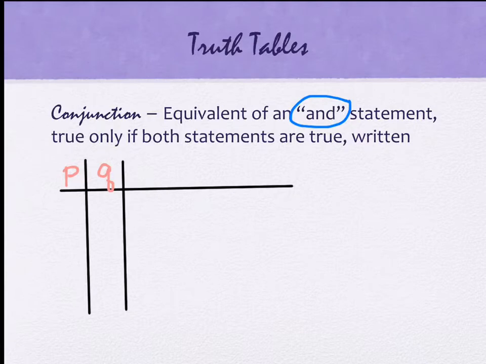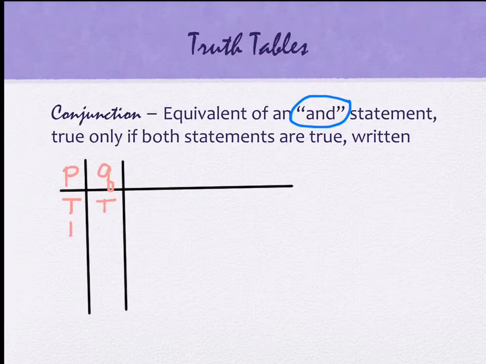First we're going to look at all the possible truth values for these individual statements. For example, the way we started before, our truth statement for P could be true. Whatever statement P is, it could be true. Well, statement Q could also be true. So you could have both statements true at the same time.